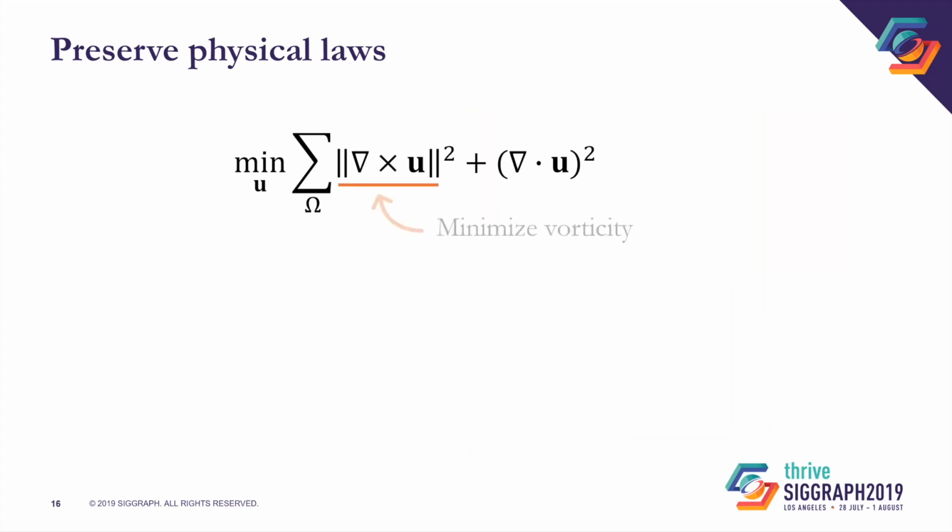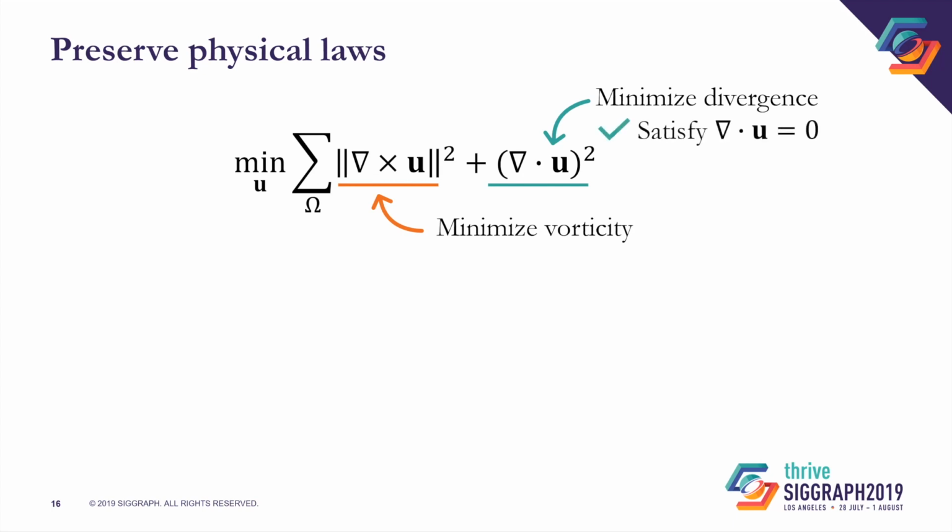The first term tries to minimize the vorticity, and the second term tries to minimize the divergence. The second term is good because it corresponds to the divergence-free condition. By minimizing this term, we can preserve the mass conservation condition.